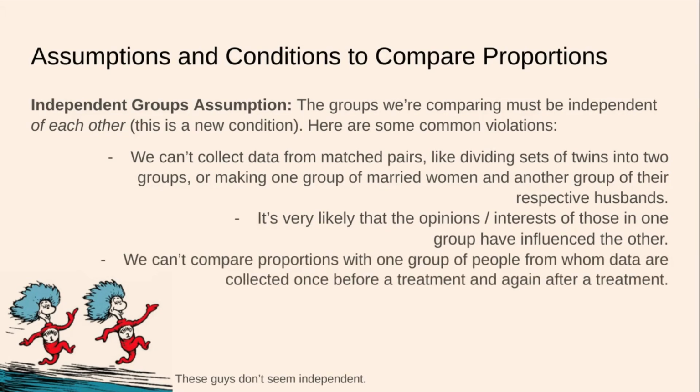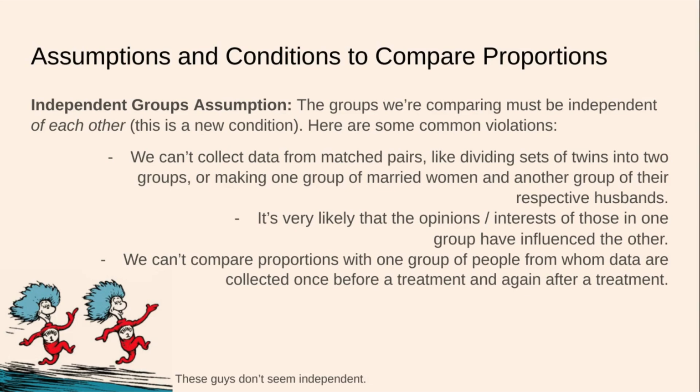We can't compare proportions with one group of people from whom data are collected once before treatment and again after a treatment, okay? So if we have one group of people and we do a pre-test, post-test kind of thing, we take some information on the group before we apply treatment and then apply the treatment and see if the results change afterwards.